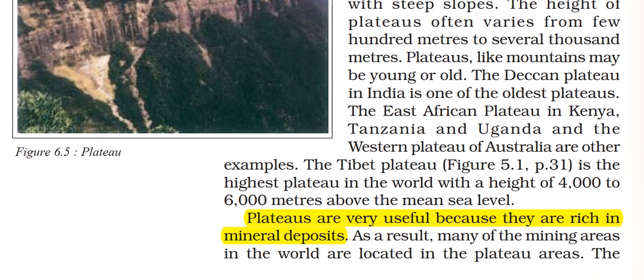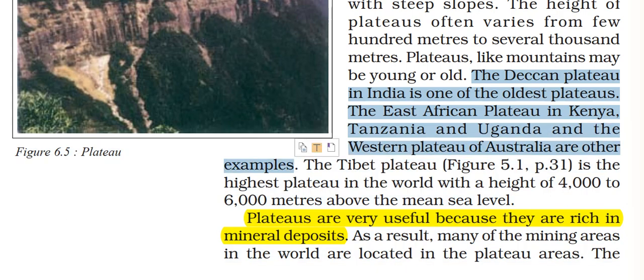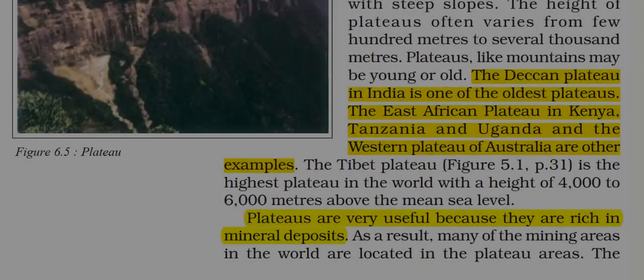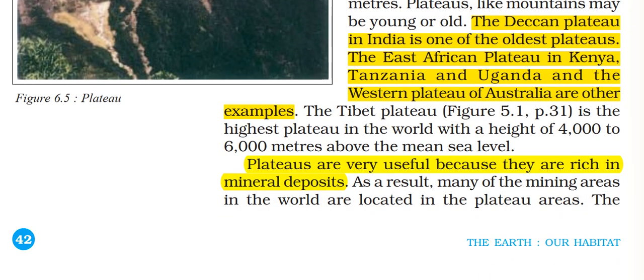The Deccan Plateau in India is one of the oldest plateaus. The Eastern African Plateau in Kenya, Tanzania, and Uganda, and the Western Plateau of Australia are other examples. The Tibet Plateau is the highest plateau in the world, with a height of 4,000 to 6,000 meters above mean sea level.